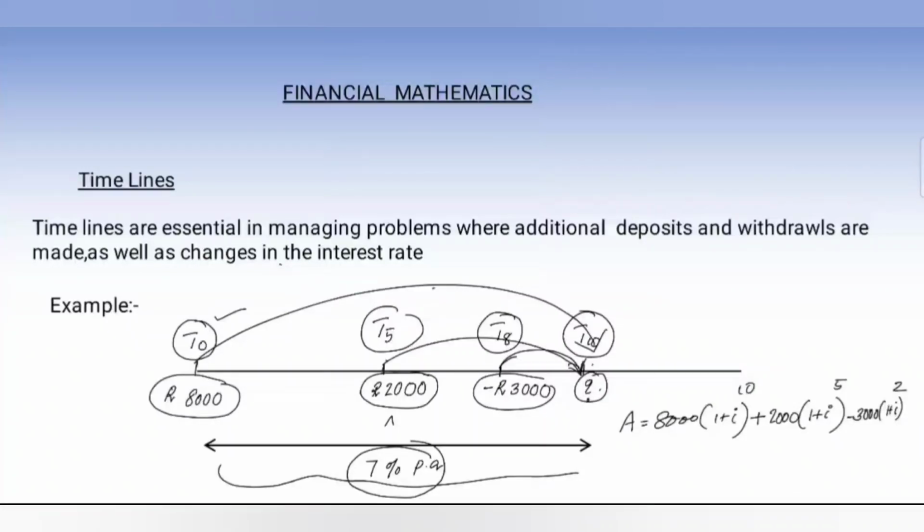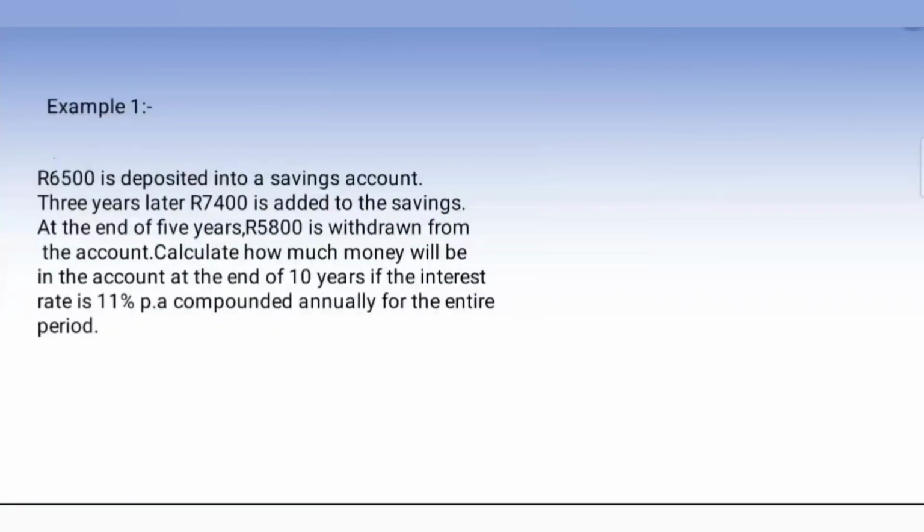You will see. Rand 6,500 is deposited into a savings account. So you open an account with 6,500. 3 years later, Rand 7,400 is added to the savings, in the very same account.